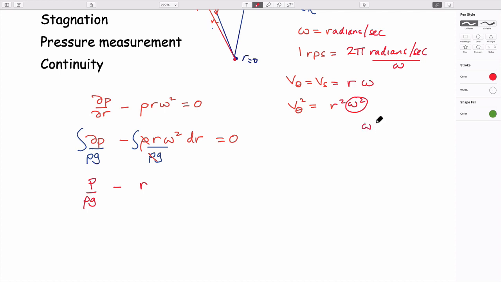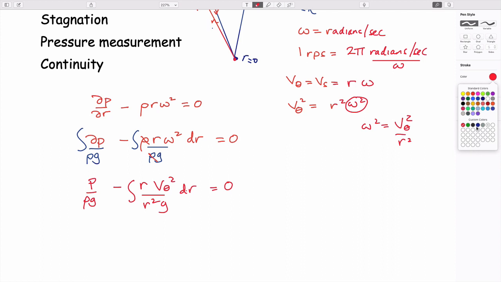So omega squared is equal to v theta squared over r squared. So r v theta squared over r squared g. Don't lose the integration. dr is equal to 0. Get rid of some of those terms. I guess we can get rid of 1r and 1r.